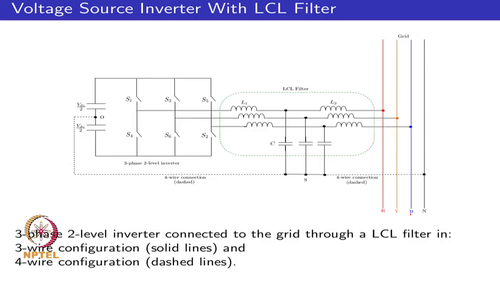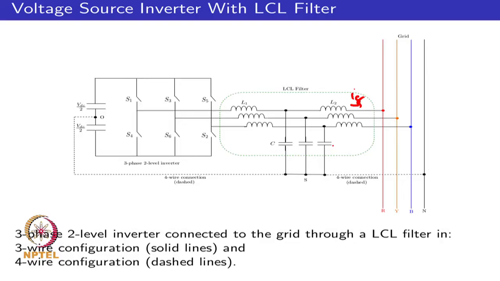What one would typically see is that the ripple that is going out into the grid, essentially your grid current ripple, is higher in a 3-phase 4-wire converter compared to a 3-phase 3-wire converter, because you have now additional paths in the 4-wire case for the 0 sequence components to flow.